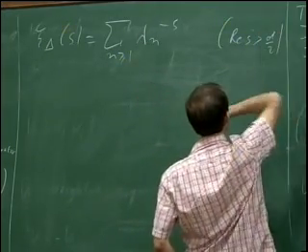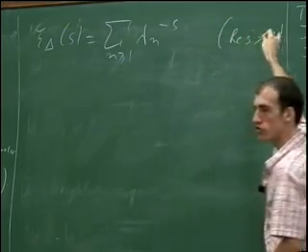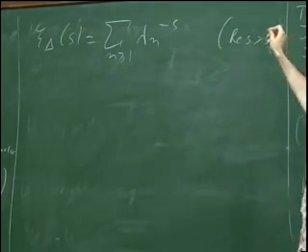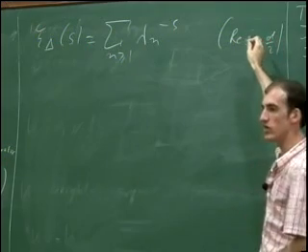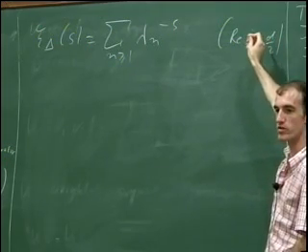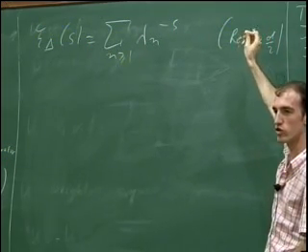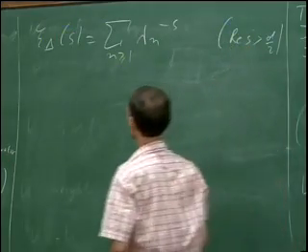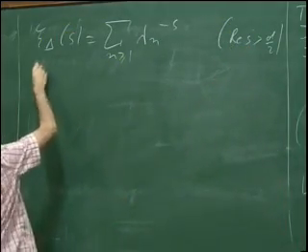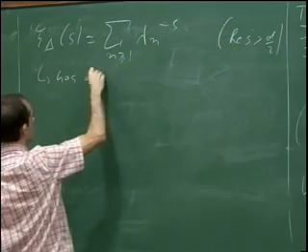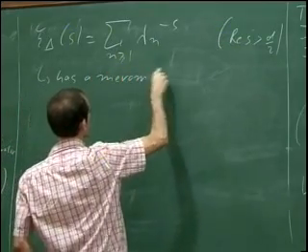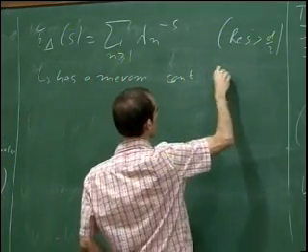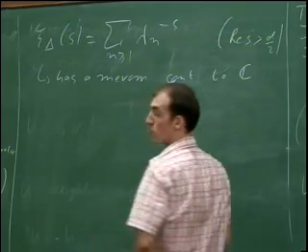This is absolutely convergent when the real part of s is large enough. So this is analytic in s in a half plane, and it has a meromorphic continuation to C. In particular, it's holomorphic near 0.